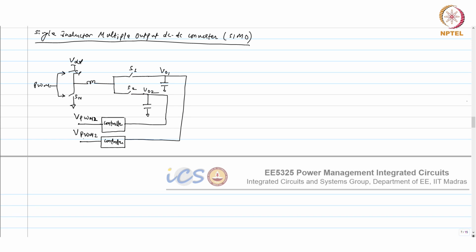Then what do I need? I need some logic here, because I have a single power stage, one inductor, so I cannot feed two PWMs into one. This logic will generate your PWM.